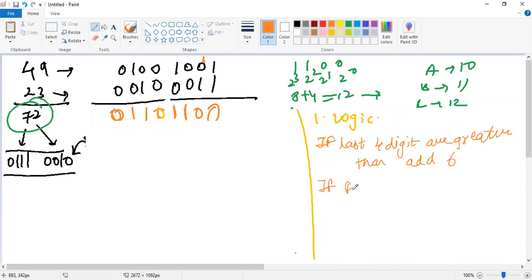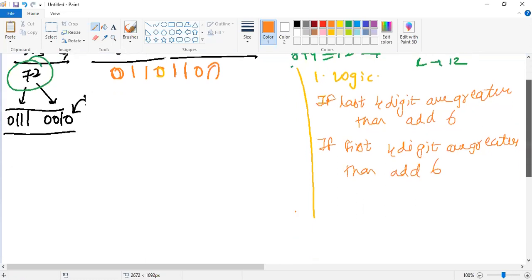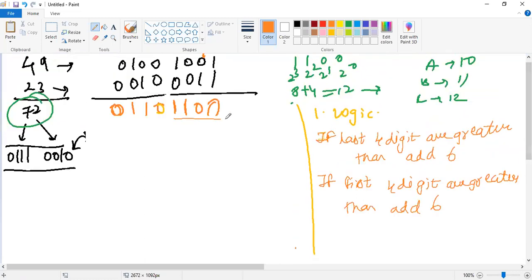If the first four digits are greater than 9, then add 6.